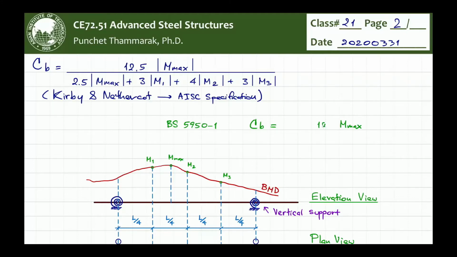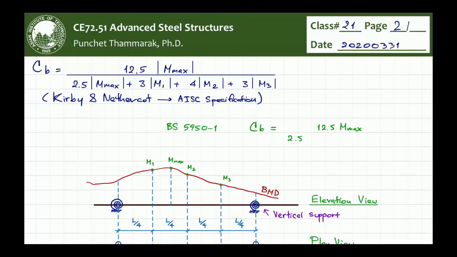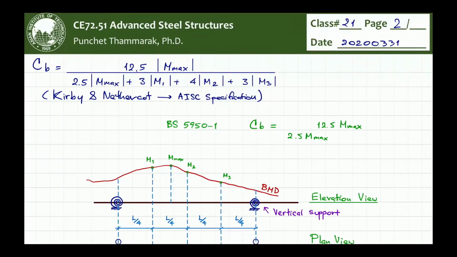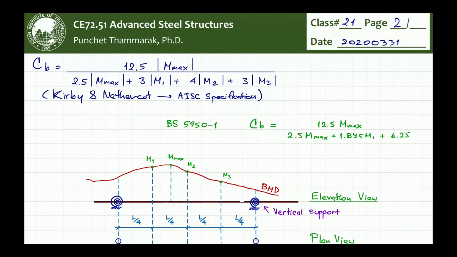This is 12.5 M max, divided by 2.5 M max plus 1.875 MA, which is M1, plus 6.25 M2.